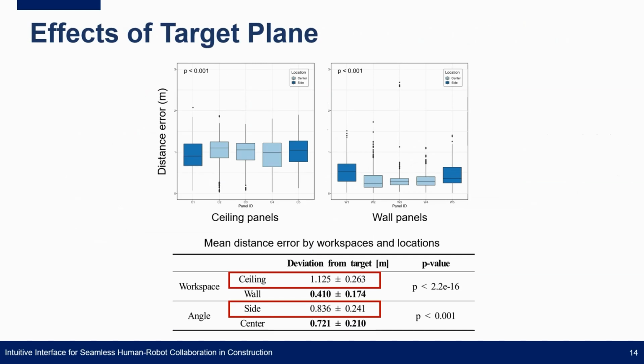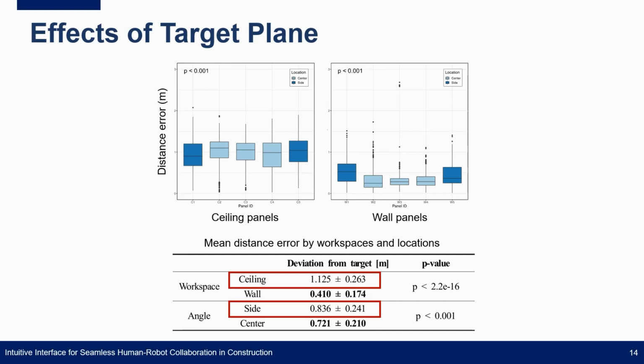First, we looked at how the accuracy of the deictic gestures is affected by different spatial conditions. Here we manipulated the target plane, which is ceiling panels and wall panels, and the distance between the panel and targets.